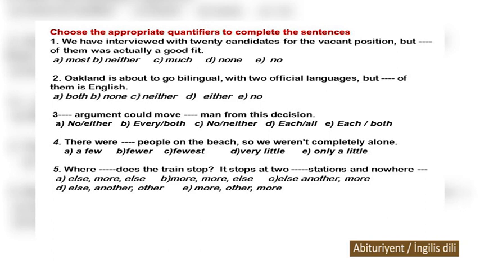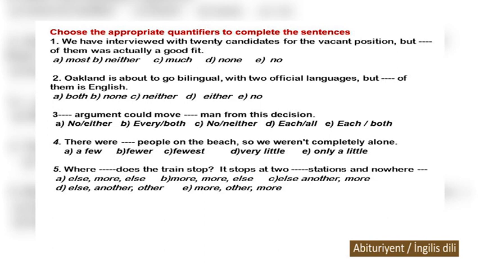Sentence 3. Gap argument could move, so again gap, man from his decision. Now let us see. No argument could or either man from his decision. Every argument or both. We can't use both because man is in singular. Then no argument could move neither man.